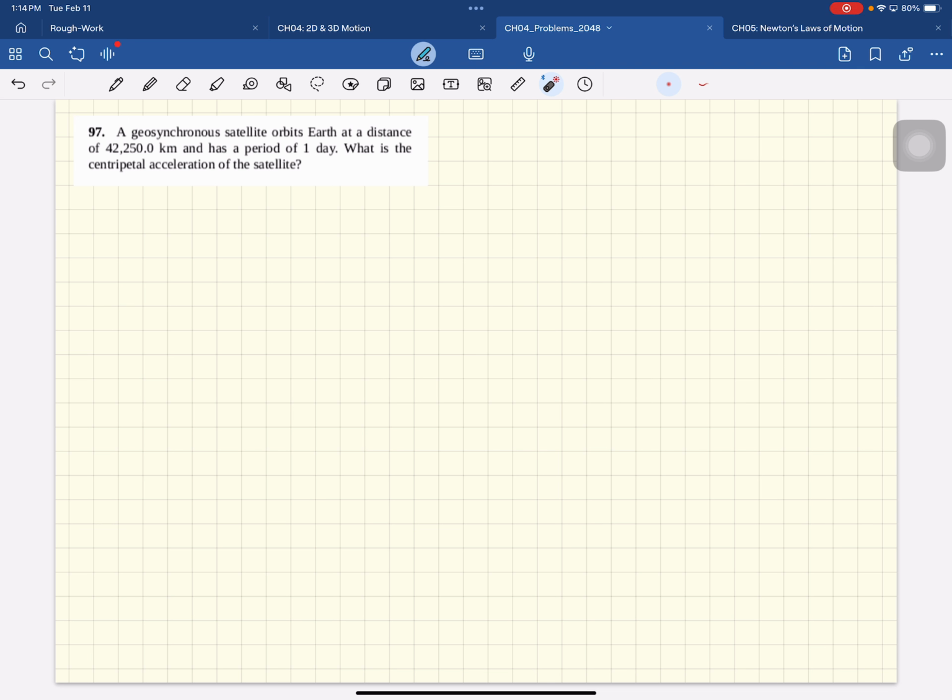And if you're 6 times further, if you're 36,000 kilometers above the Earth, and if you go in a circular orbit, it takes 24 hours. So 36,000 kilometers above the Earth takes 24 hours.